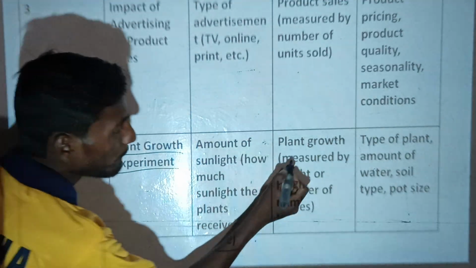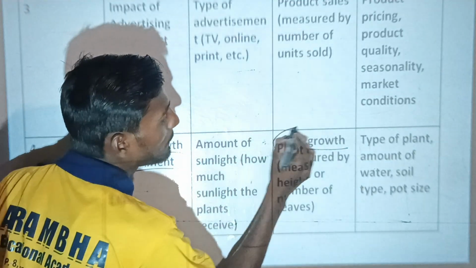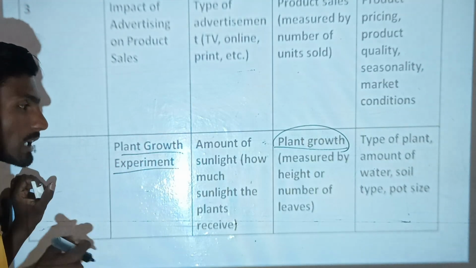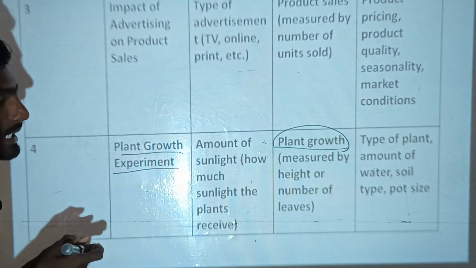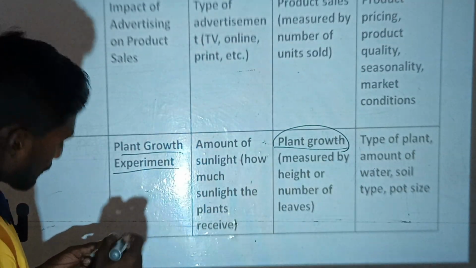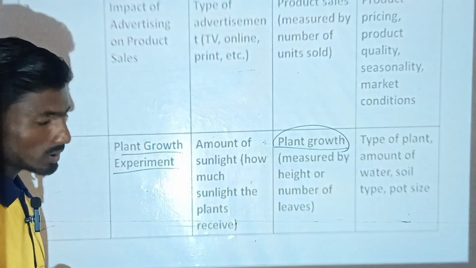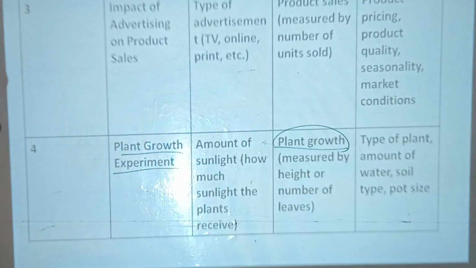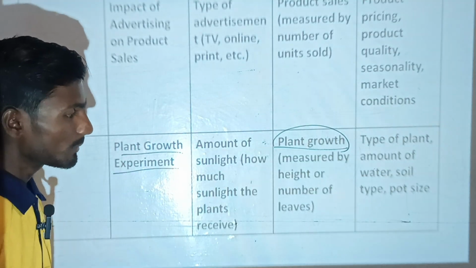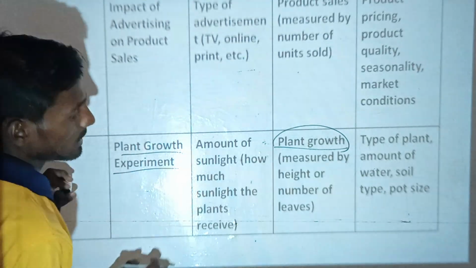So the plant growth is fully dependent on the amount of sunlight. If the plant gets a sufficient amount of sunlight, then the plant will grow healthily. But if the plant is unable to get enough sunlight, then the plant is unable to grow properly.